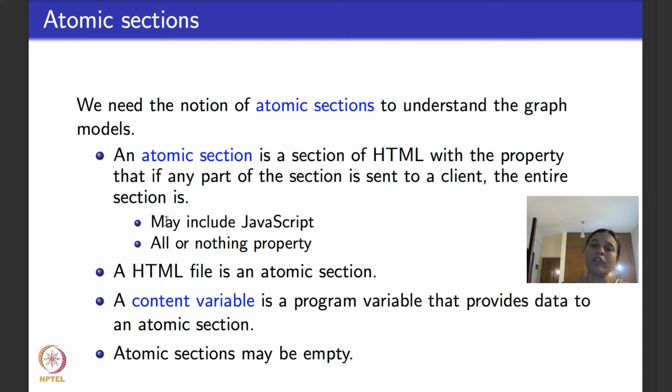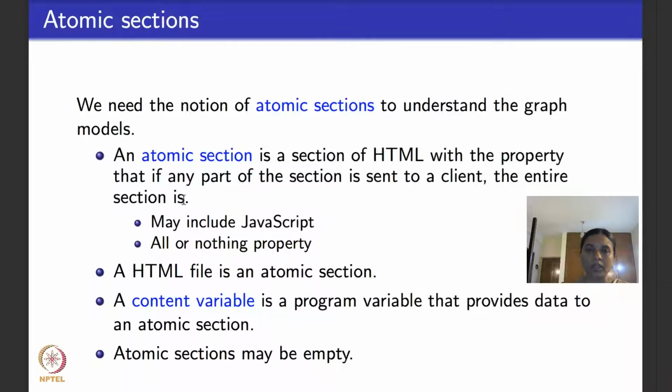When HTML forms are dynamically generated, they are generated in sections or fragments. There are sections or fragments that are specifically called atomic sections that are very important for us. So what is an atomic section? An atomic section is a section of an HTML file with the following property: if one part of the section is sent to the client, then the entire section is sent.